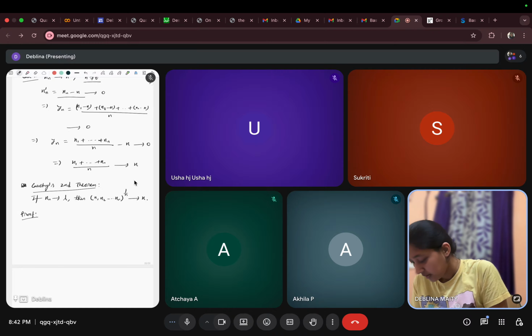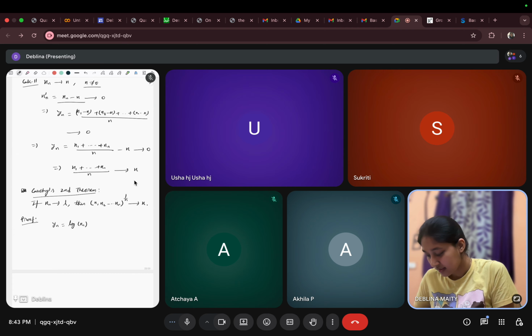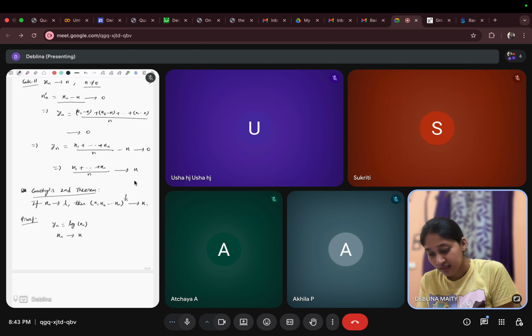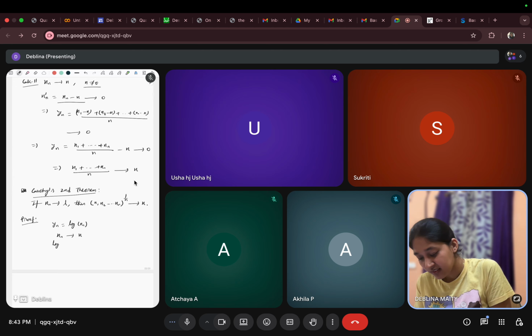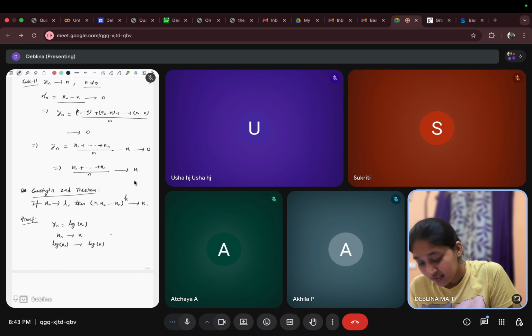So we take yn to be log xn. Now xn converges to x, so log xn will also converge to log x. This happens because log is continuous.